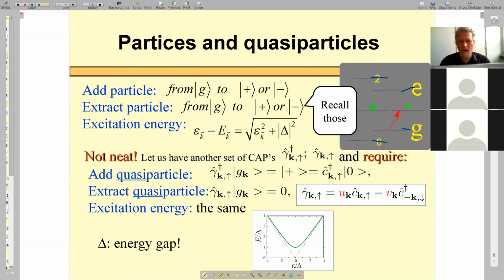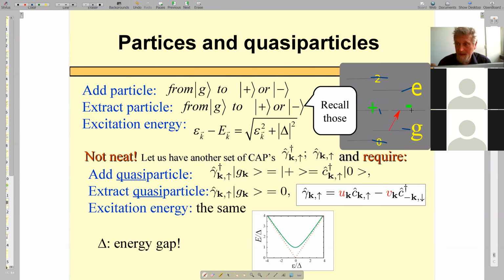Let us see, we can add a particle to the ground state and go to one of these states. Because this ground state has some probability to be a state with 0 quasi-particles, but it also has some probability to be in a state with 2 quasi-particles.